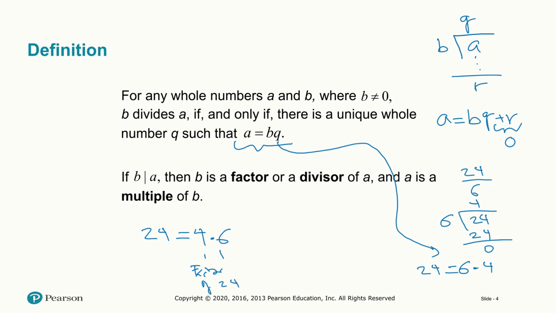And 24 is a multiple of 6, because in this case we're talking about 6 dividing 24, so that's why we picked that. Otherwise it can be considered a multiple of 4 as well. We're focusing on the 6, so that's why we said it's a multiple of 6.